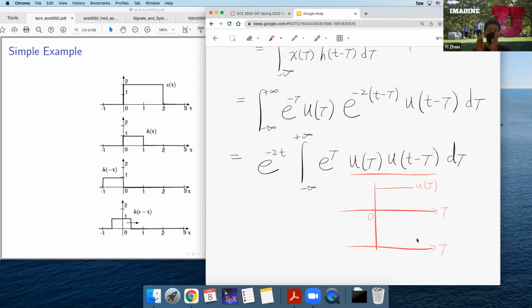right? So u tau is the standard unit step function. And u t minus tau, we need to first reverse u tau and then shift it by t.